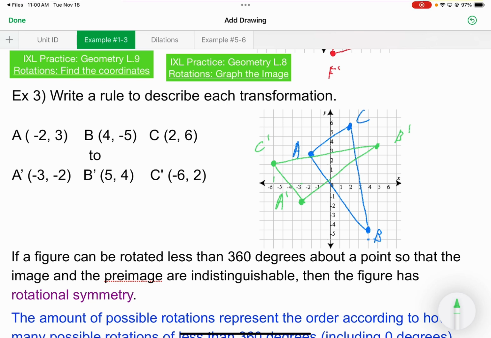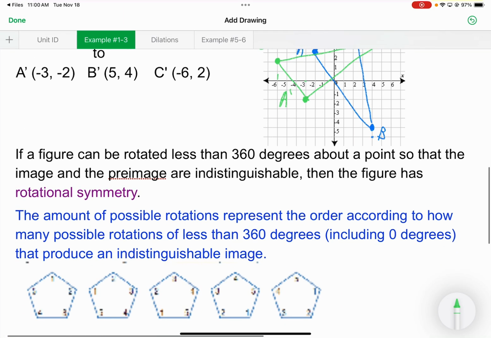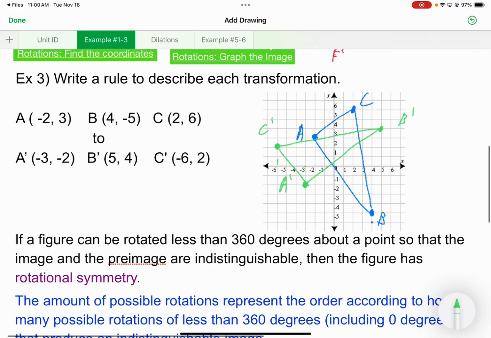Okay. We need to try to say what happened here. Clearly not 180, right? So it's either 90 or 270. And honestly, it could be either. You just have to be smart about which way you are saying it rotates. What do you guys think?